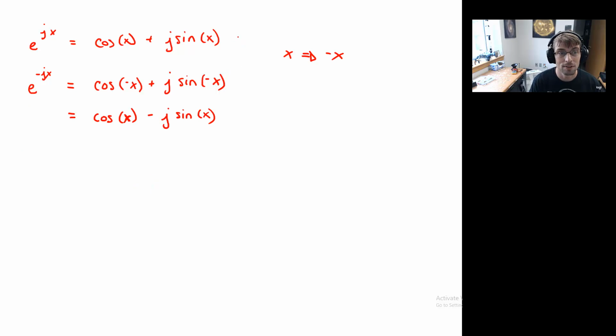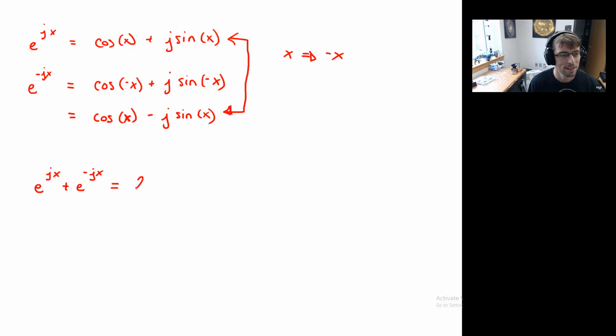Now here's the second relationship that's very nice to have. Imagine for a second that I add these two together. In other words, I take e to the jx plus e to the negative jx. What is that going to be equal to? Good.